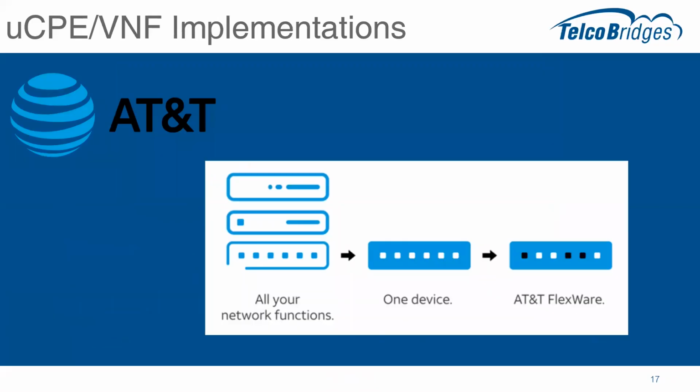So who's actually doing all this? Well, we know AT&T is hot on the trail with their AT&T Flexware. They've combined many of the network functions into a single device that they're delivering to the marketplace. They've been very active with it. They had their big partner conference, 2 weeks ago, I think it was. And this was a big topic of the conversation at that conference.